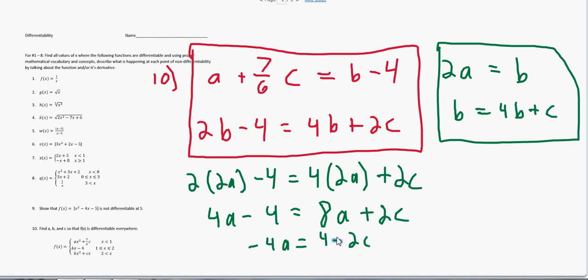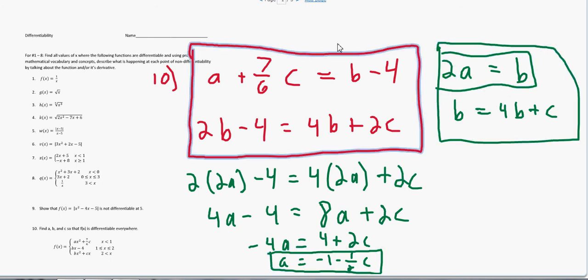And I'm just going to solve for a, because this is just, again, a system of equations. We got to simplify it down. Okay, so a is going to be, divide by negative 4, negative 1 minus 1 half c. We're going to use this in combination with this and plug both of them into this first equation, and the only variable that's going to be left is c.